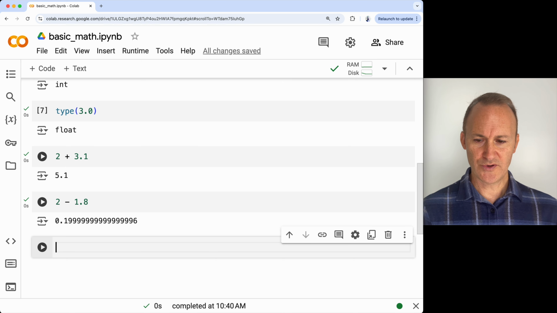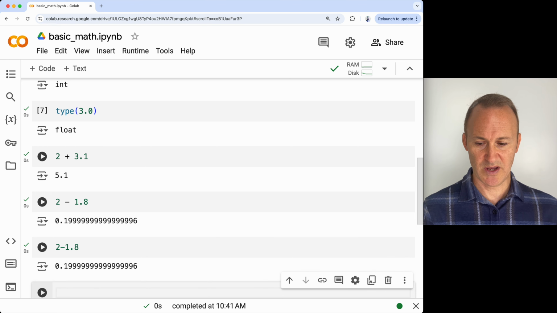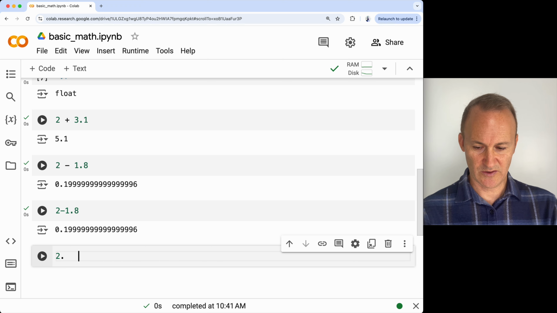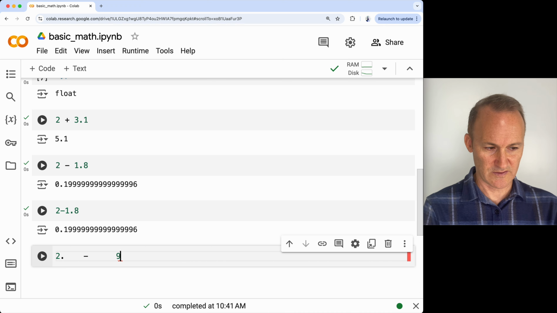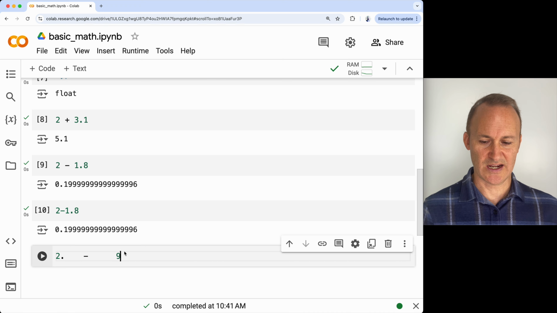Well, notice that if I write it like this, 2 minus 1.8, okay, there's no spacing involved. I showed spacing above. Here I don't have spacing, I get the same result. If I add a bunch of spaces, I get that weird point there.